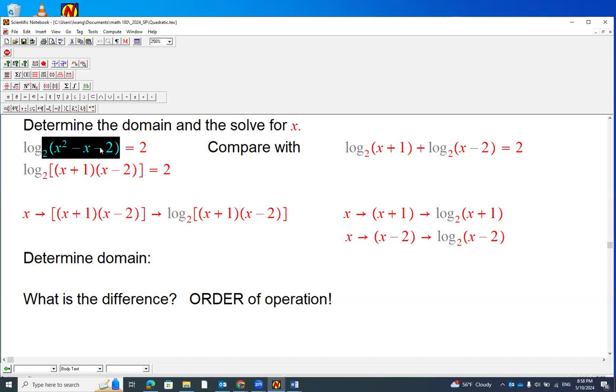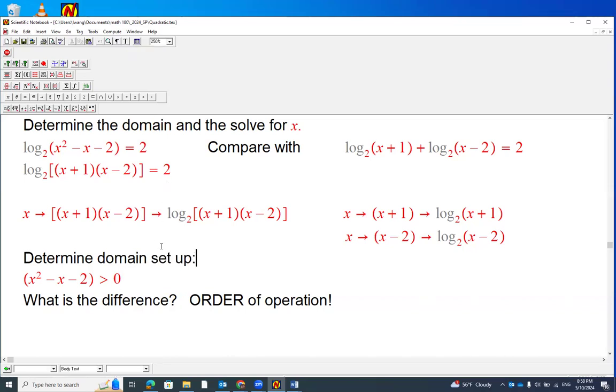Okay, this whole of it must be positive. So that's the setup. And secondly, on the second question, when we determine the domain, before we take the logarithm, we need to guarantee that this piece is positive.